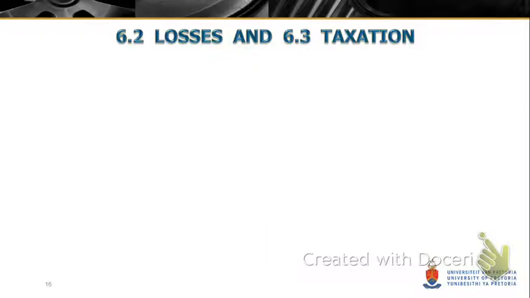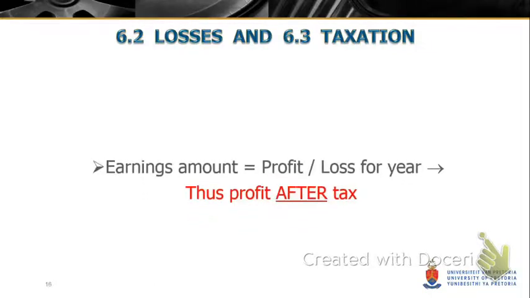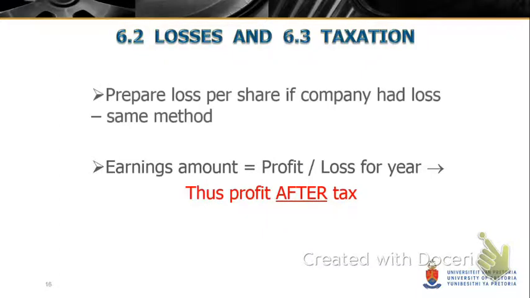The following item, losses and taxation. The earnings amount is the profit or loss for the year, and therefore it is the after-tax amount. So when you think about your statement of profit or loss, your earnings or your profit for the year is after tax, and that is what we take into account.